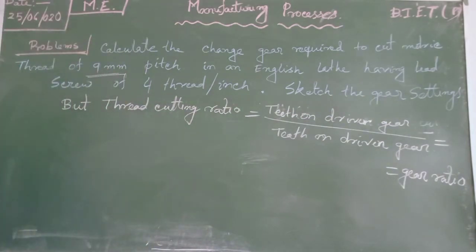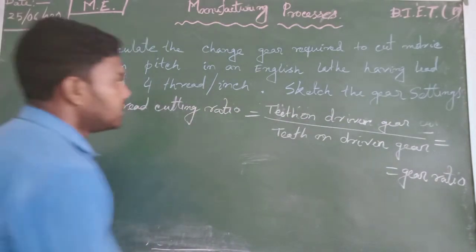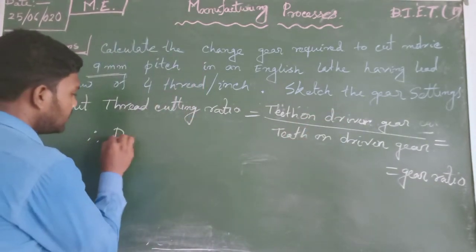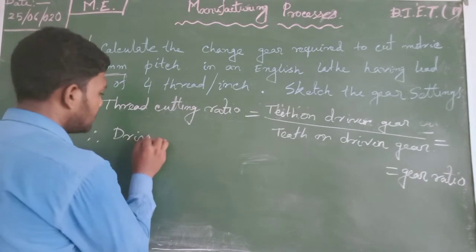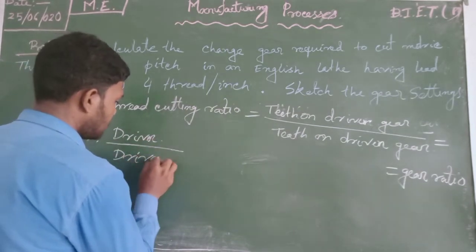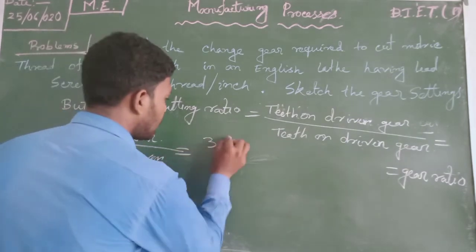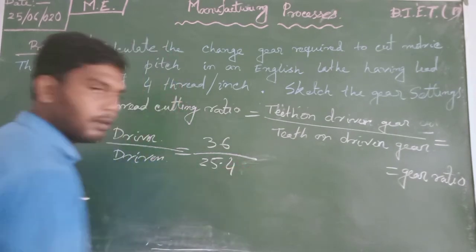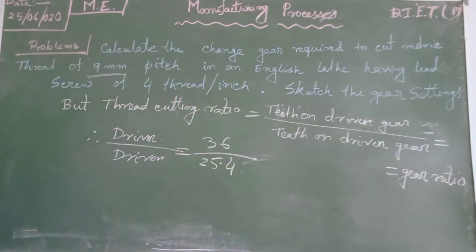Now put the value: driver by driven is equal to 36 divided by 25.4.